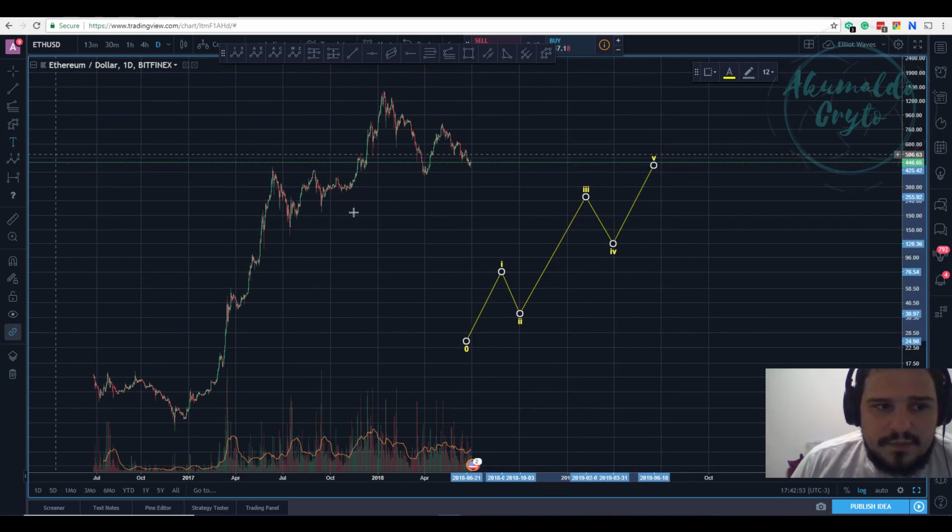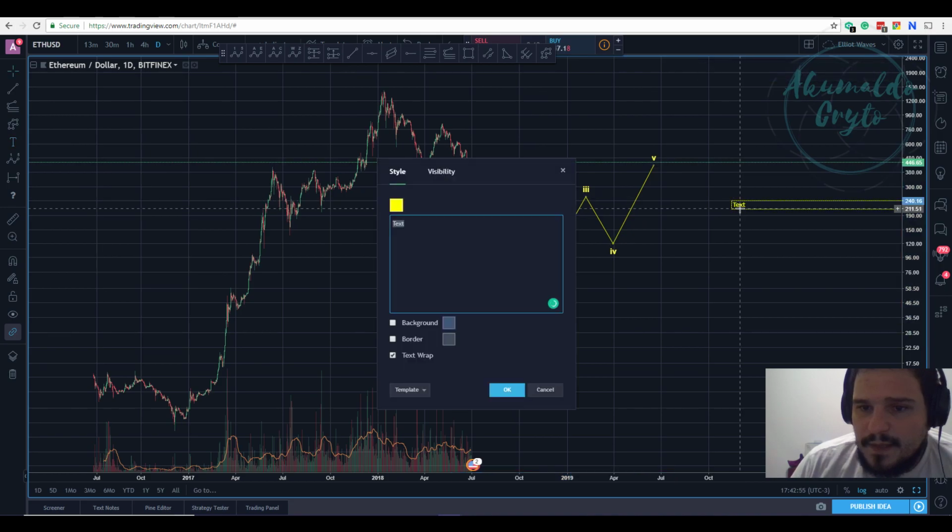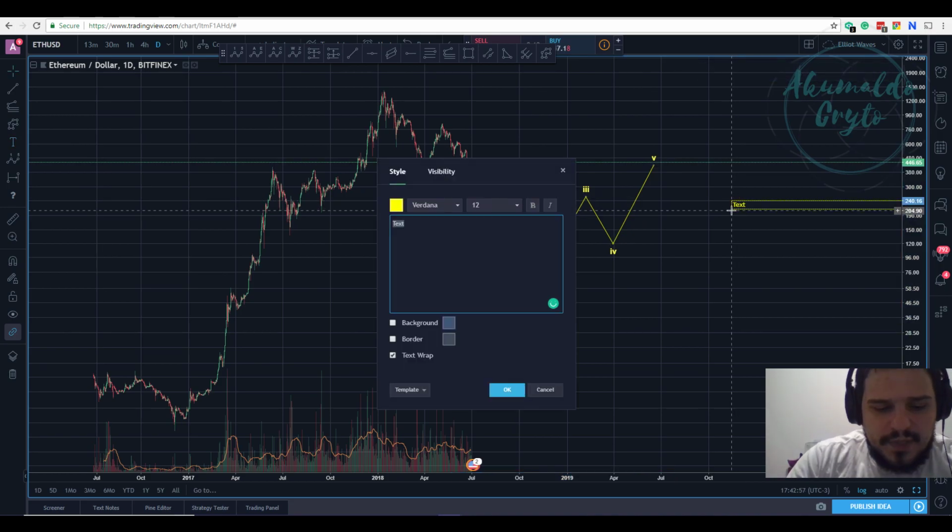Now, some of the rules. First rule we have is the third wave cannot be the shortest, and it is often the longest.